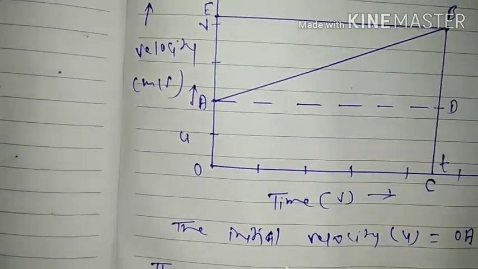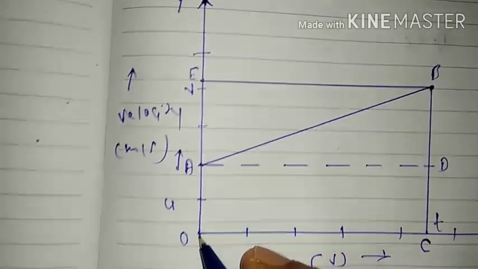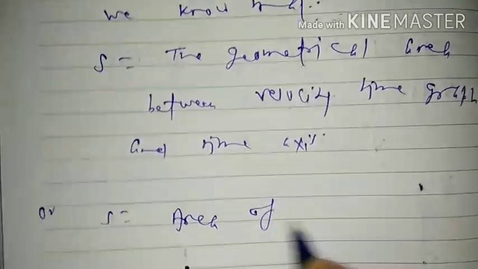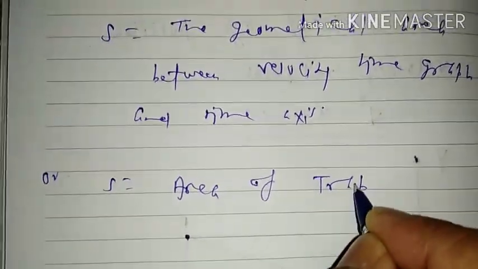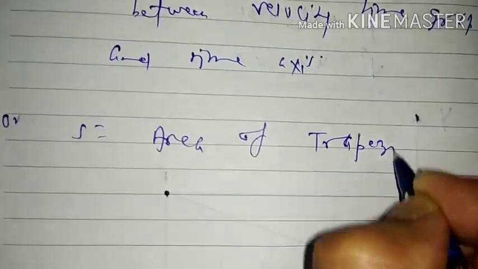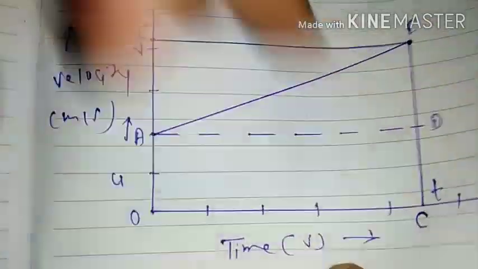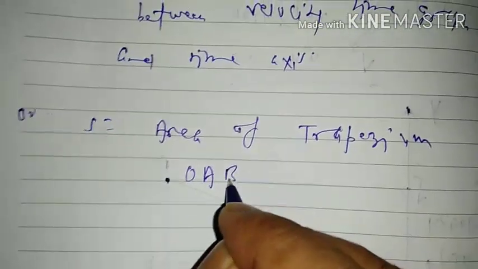So we can say that S is equal to the area of trapezium OABC.